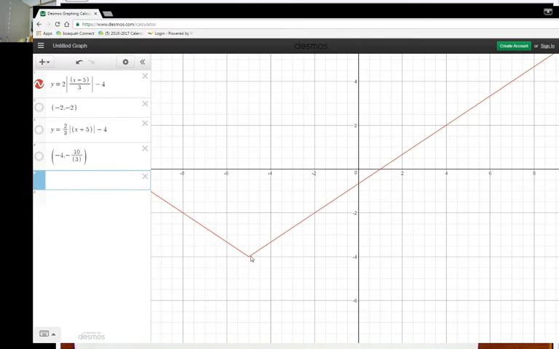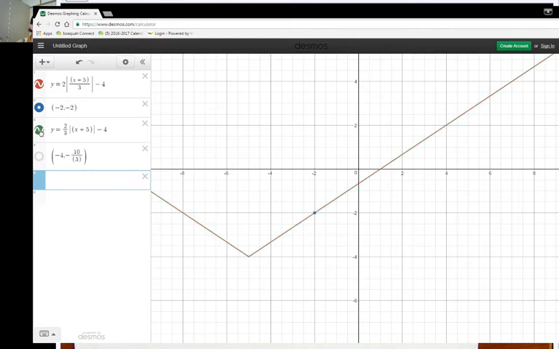The point at the bottom is (-5, -4), and because of the horizontal dilation by a factor of 3, I could go over 3 units. With a vertical dilation by a factor of 2, I go up 2 units, and I end up at the point (-2, 2). Then the second equation I came up with, the one with just the vertical dilation, when I click on this button, boom, it's the exact same graph. Check it out.